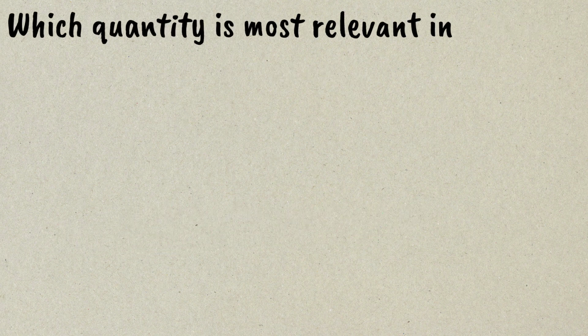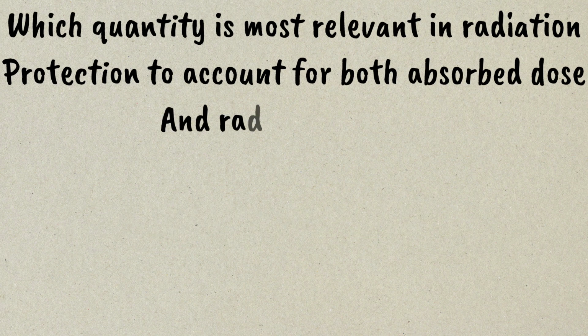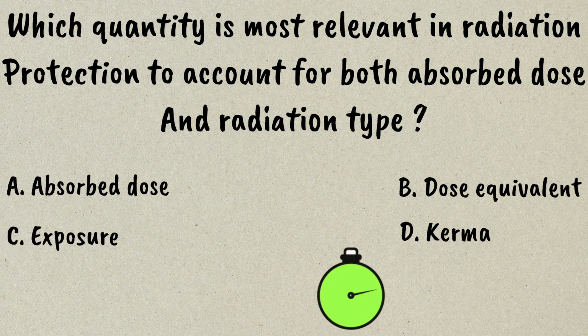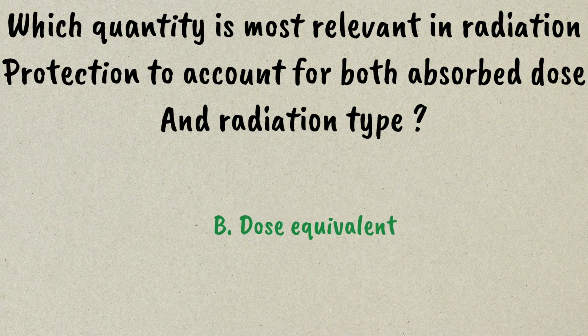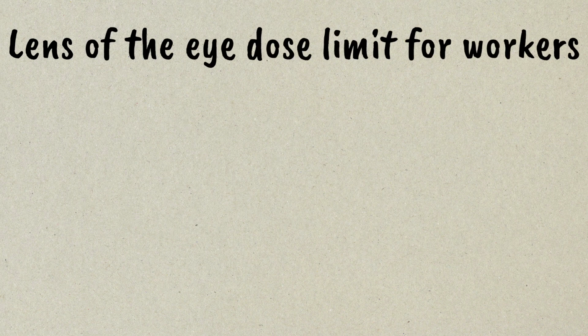Which quantity is most relevant in radiation protection to account for both absorbed dose and radiation type? Lens of the eye dose limit for workers.